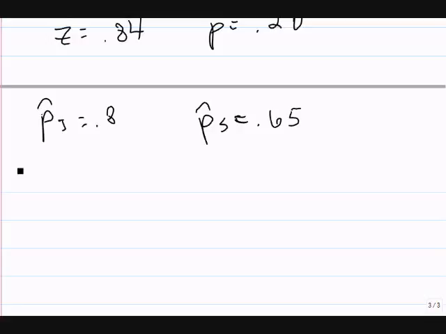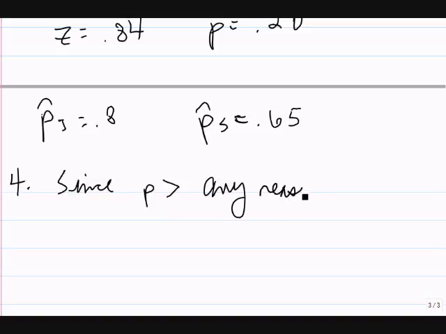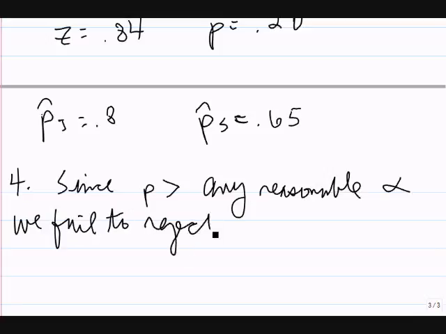Okay. So since my p-value is greater than any reasonable alpha, we fail to reject our null hypothesis.